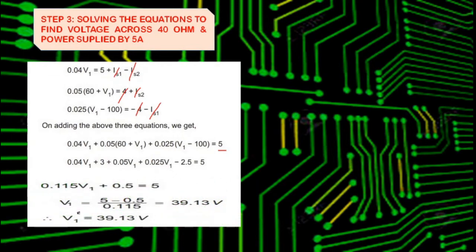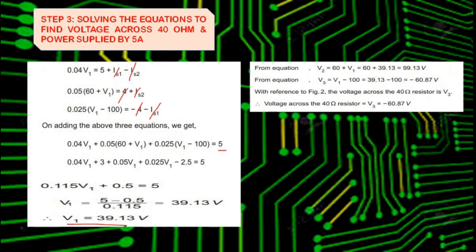This 4 and this minus 4 also get cancelled out. So on my right hand side I have only 5, and these 3 values will be added. Once we solve this, I can see V1 as a common term here, so I get the V1 value. That is V1 is equal to 39.13 volt.